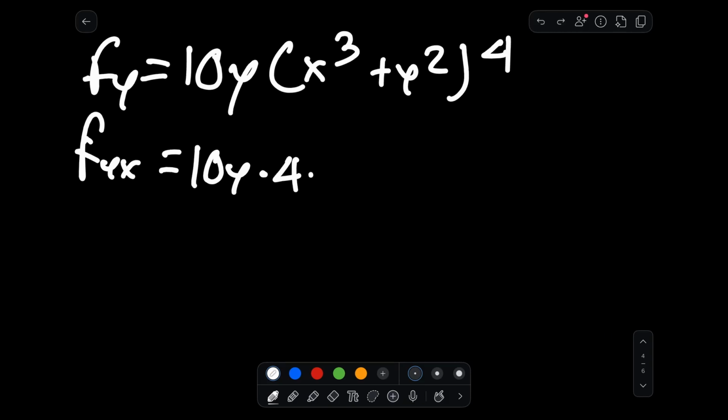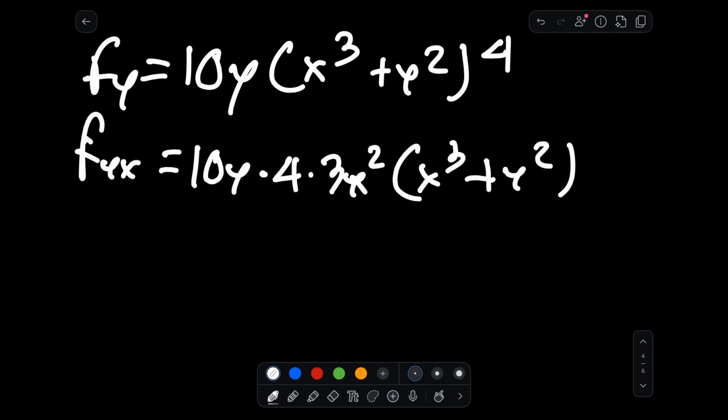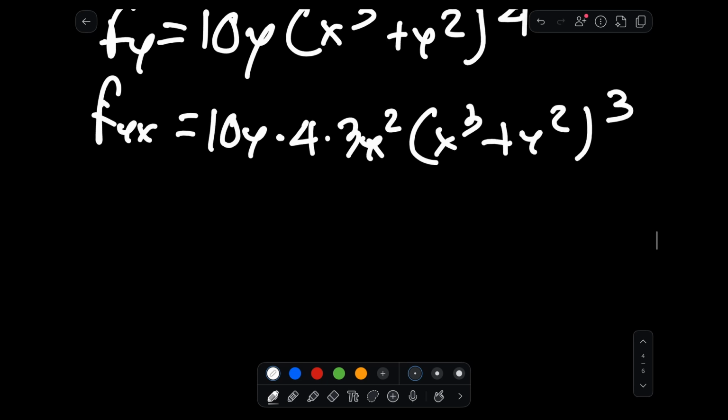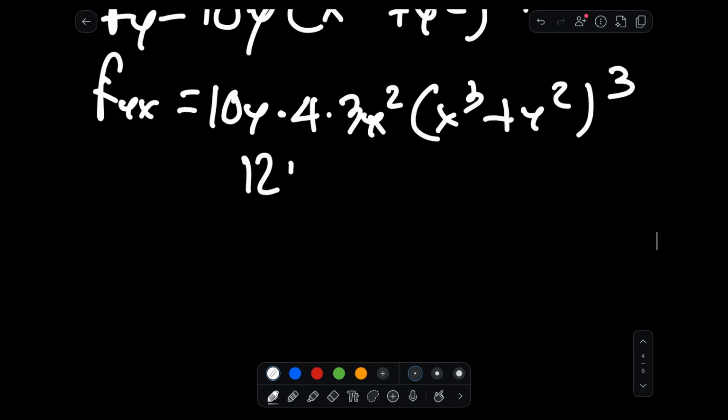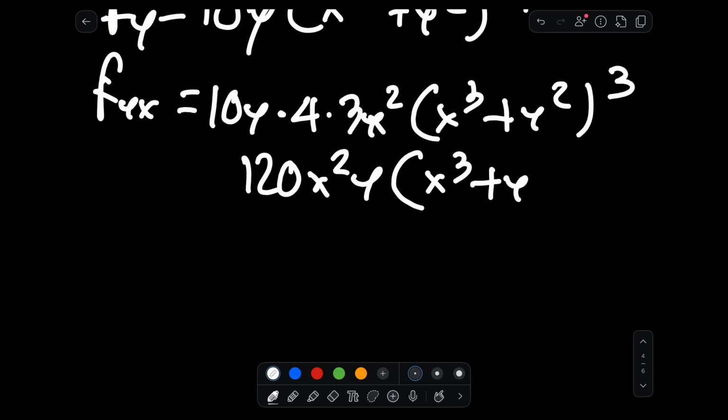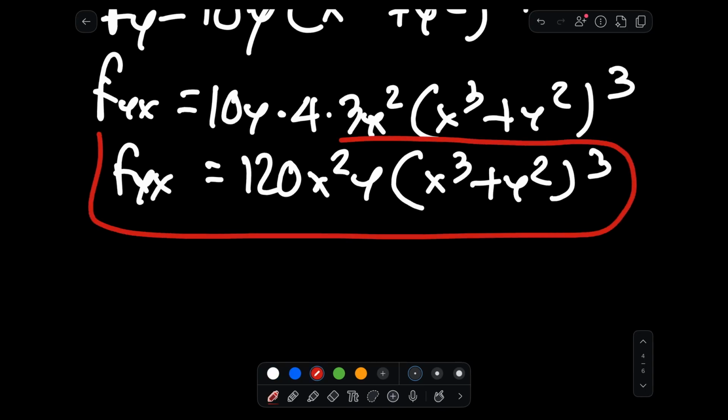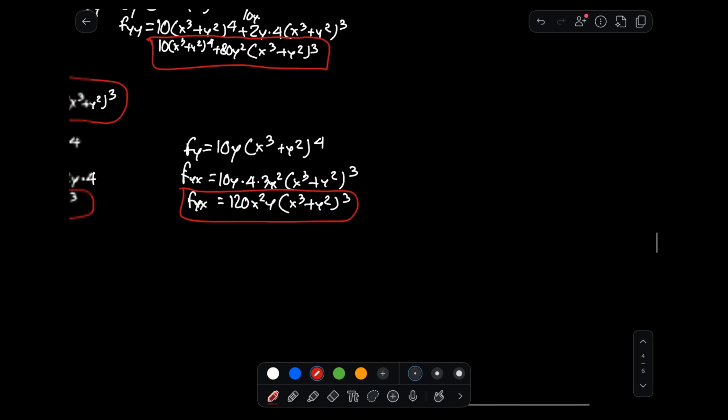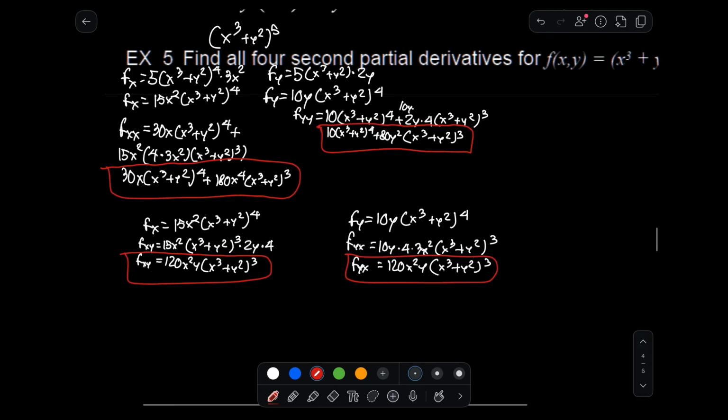Oh, no, not times 2y, times 3y squared, 3x squared times this entire quantity. So it's going to be 3 times 4 is 12, multiplied by this whole quantity equals f sub yx. And those are your 4 partial derivatives.